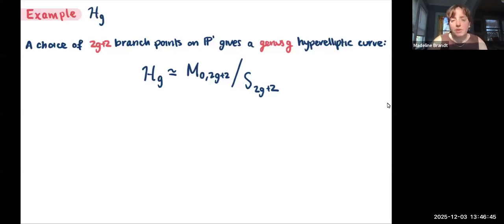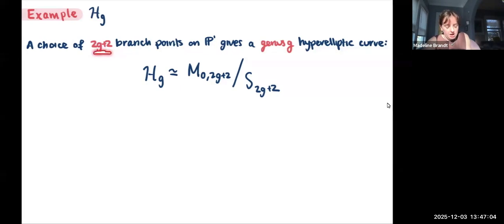Riemann-Hurwitz is a standard theorem in algebraic geometry that you can use to calculate the genus of a cover given some information about the branching. If you do that calculation, for a genus G hyperelliptic curve you need 2G plus 2 branch points.